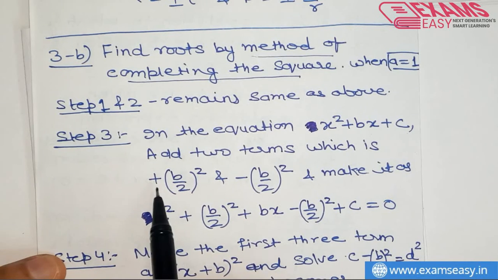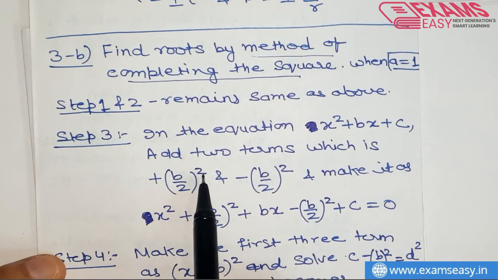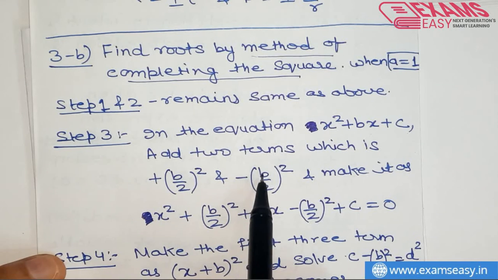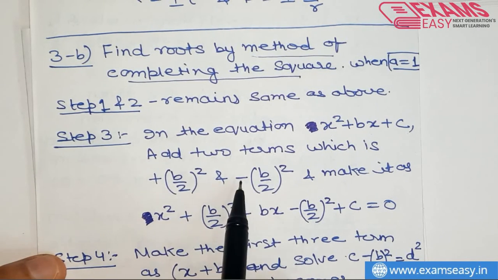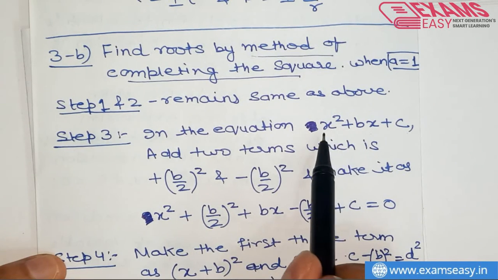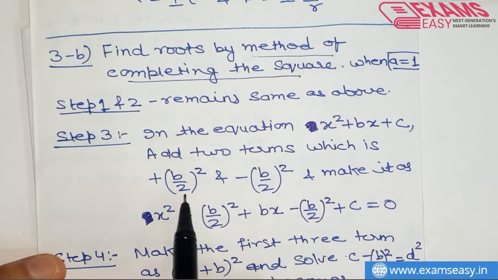So one term will be plus b by 2 whole square and the second term will be minus b by 2 whole square. Friends, if we are adding and subtracting the same term in this equation, then it remains unaffected. So we can do this.